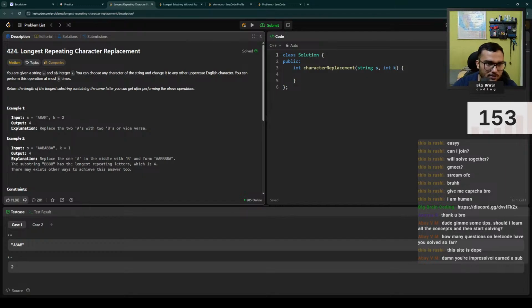You're given a string s and then you can choose any character and change it to any other uppercase English character. You can perform this operation at most k times. Oh, okay. Return the length of the longest substring containing the same letter you can get after performing the above operation. Oh, if I choose A and change them to B, then the longest substring containing the same letter will be 4. That's why the answer is 4.